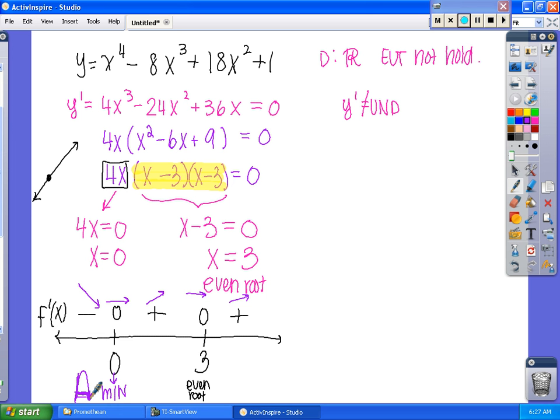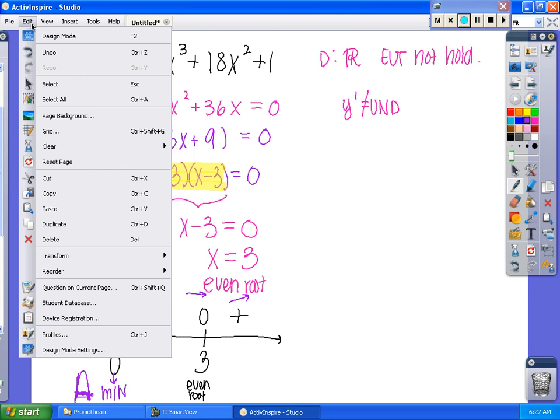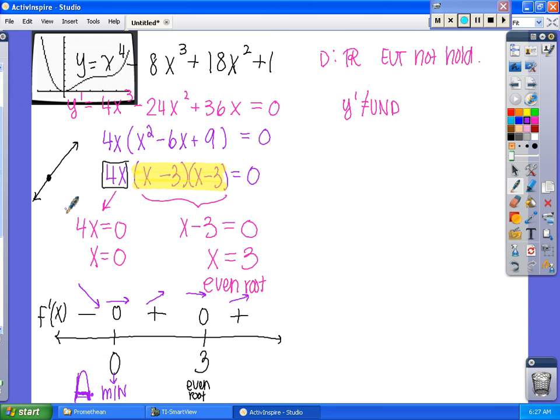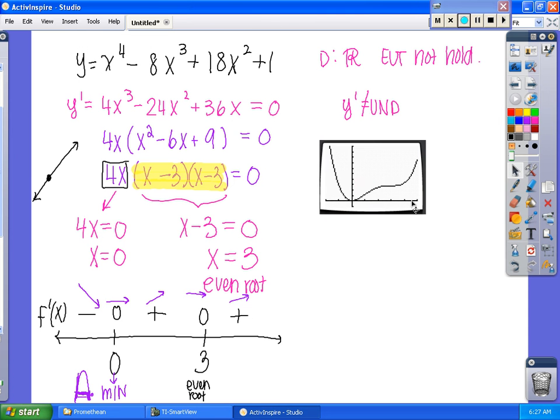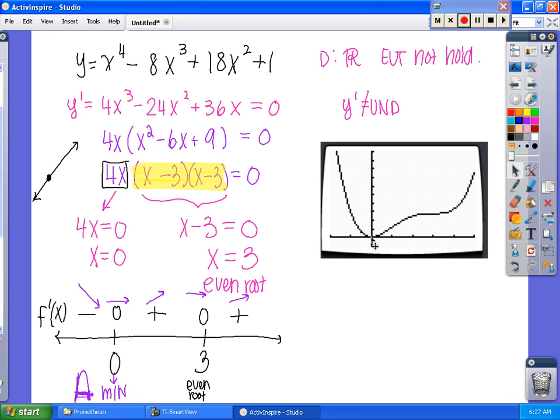What I will show you is the actual graph, which I think I have saved. Paste. Yeah, there it is. So here's the actual graph of the function. And you can see that this here was our minimum, and it was absolute.